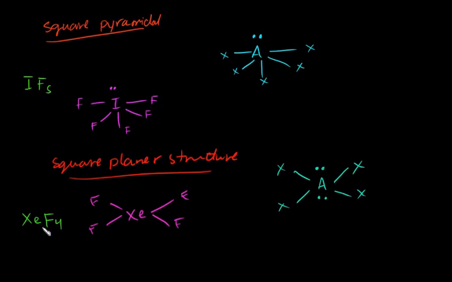As we know, xenon has 8 valence electrons, so if it used 4 of them, it will have only 4 electrons left, which are 2 lone pairs. So this is a square planar structure, and that's it.